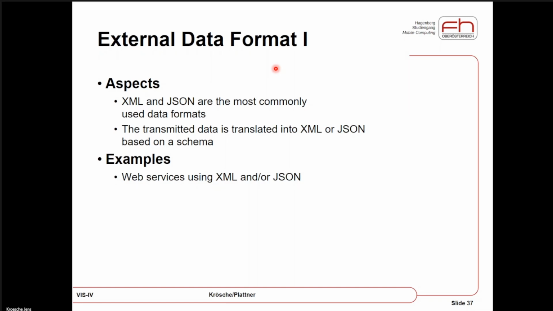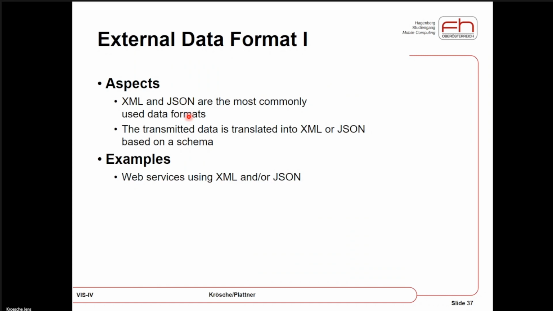So they can use that as a means to communicate. And these data exchange formats, based on their different complexity, JSON is less complex than XML. But JSON is not as blown up as XML.